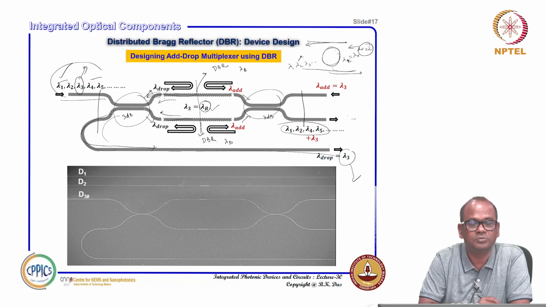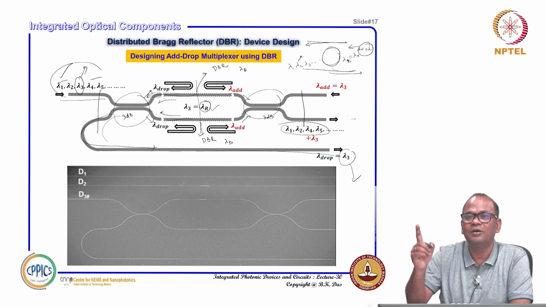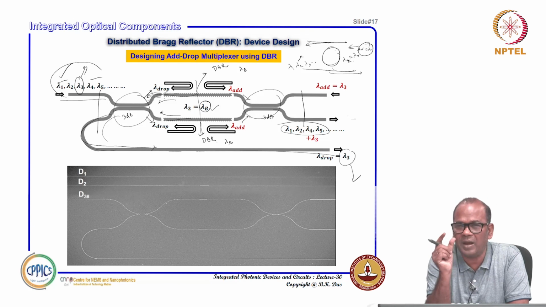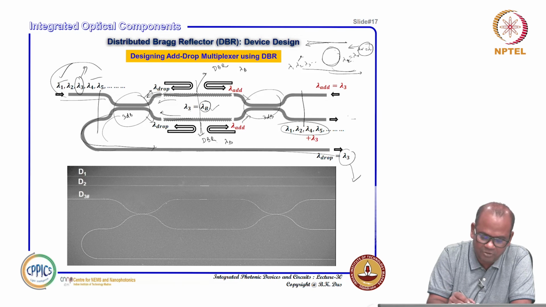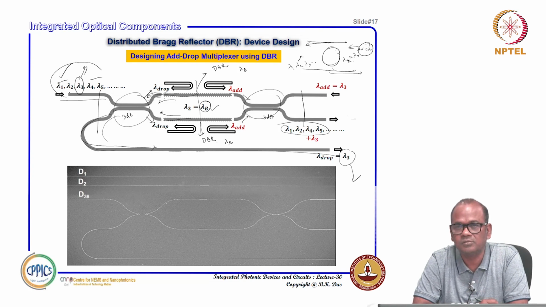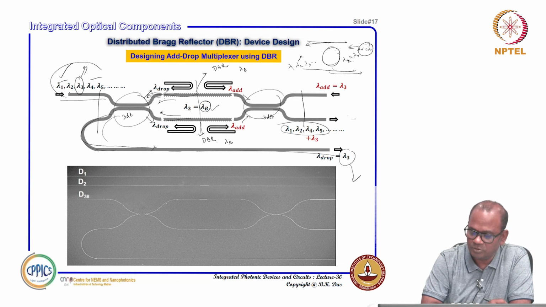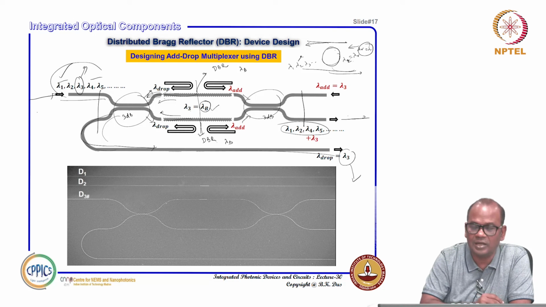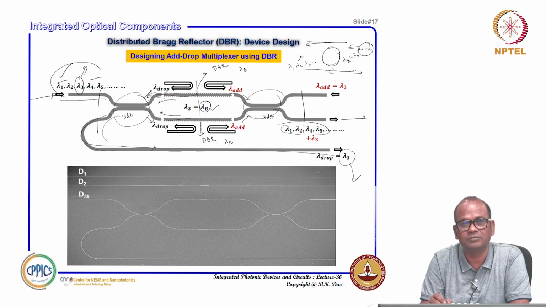And here you will see lambda 3 missing. So I could drop it. The interesting point is that in a ring resonator you have multiple resonances, but in DBR you can select a particular channel, a particular narrow bandwidth. That particular narrow bandwidth channel you can drop without disturbing the rest of the channels. What else can you do? I know that on my exact path, the channel can carry one more channel, as lambda 3 is missing. That information is already sent to a certain destination.